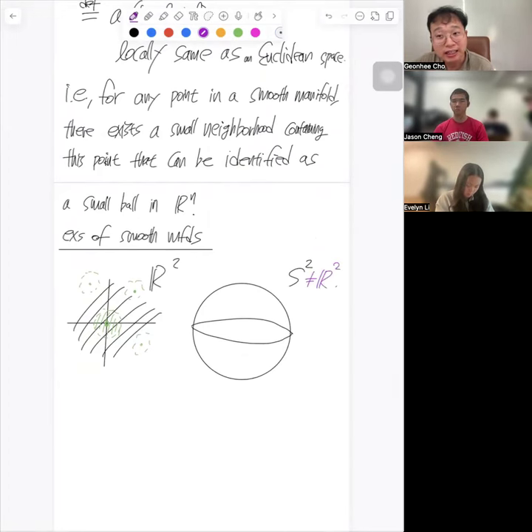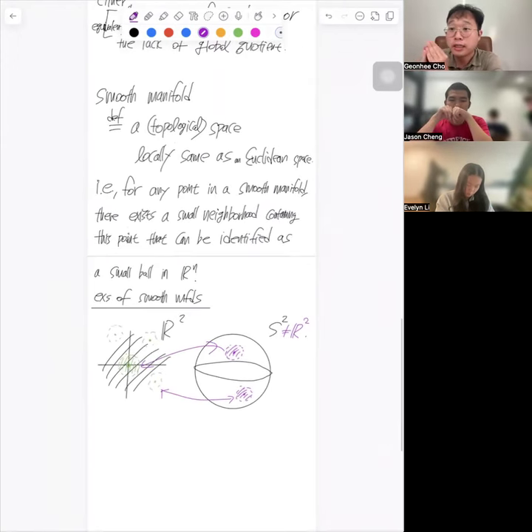Is that okay with you? But still, whatever point you choose, you can identify at least one small neighborhood as a ball in R2. So you can say a smooth manifold means locally R^n, but not globally.